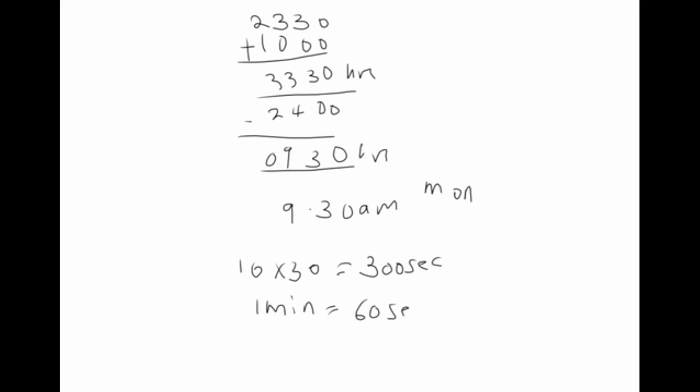Therefore, converting these 300 seconds into minutes, we have 300 divided by 60. By 60, 1 by 60, we get 5. So these are 5 minutes.